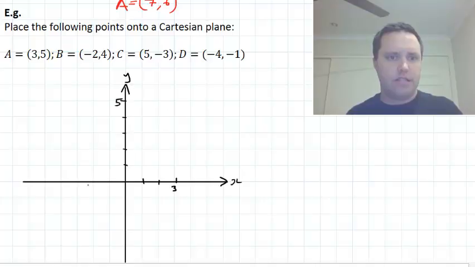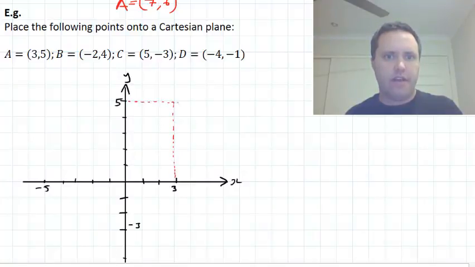So that's that, and there's negative 5 and negative 5 down this end. Okay, I might just go down to negative 3. All right, so A is going to be where x is 3 here, and y is 5.